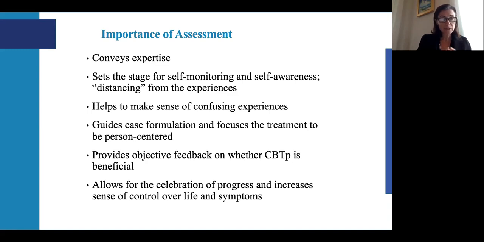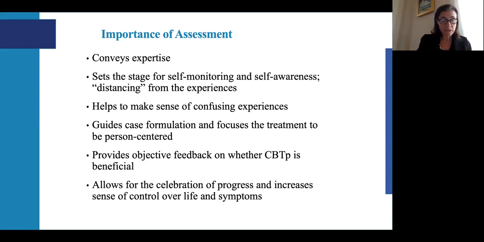It also gives a sense of a finite issue when people are looking at assessment. It's not that everything is wrong, it's that there are a few things that are not going so well. It's really important for guiding the case formulation, and it can help you tailor the treatment to that individual, because one person's treatment isn't going to look exactly like another person's treatment.